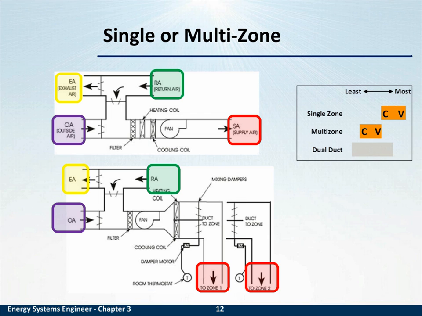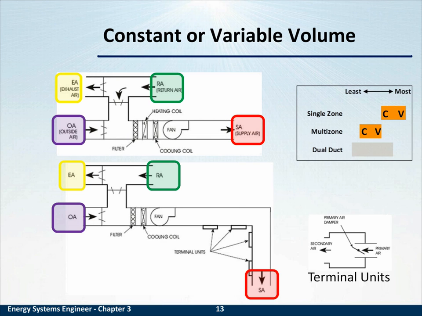The next example changes the amount of air supplied to a zone, the so-called variable air volume, VAV. What you'll notice in constant versus variable air volume is some similarities first: exhaust air, outside air, return air, and supply air all look to be the same legs coming out of this central system.